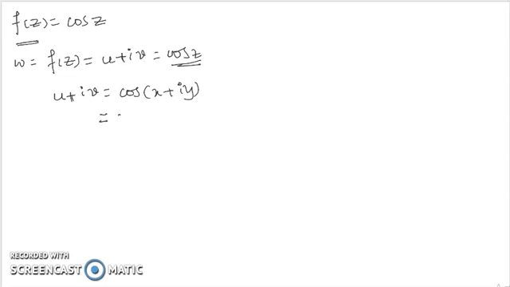That is cos x cos iy minus sin x sin iy. Again, cos x I'll keep as it is, cos i theta I can write as cos hyperbolic theta, so cos hyperbolic y.